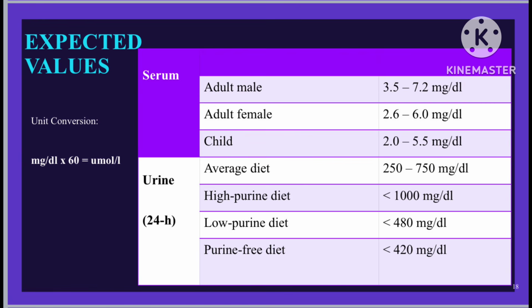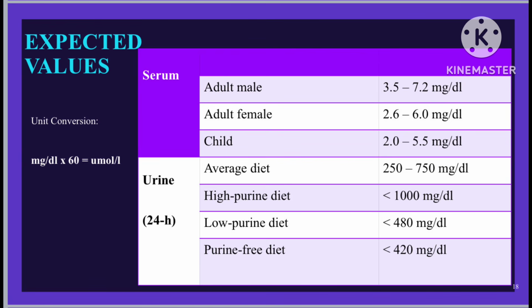So, as you can see there, if the patient has an average diet, the expected values should be within 250 to 750 milligrams per deciliter. But if your patient has a high purine diet, it should be only less than 1,000 milligrams per deciliter.